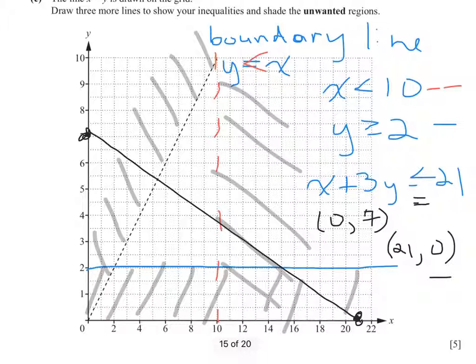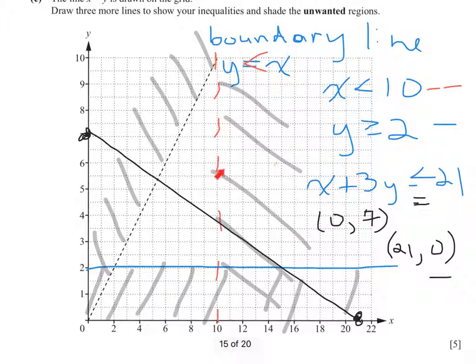We still have some kind of conflict in this region here. We need to figure out which part of this to shade. Look at our inequality. Maybe I need another test point here.